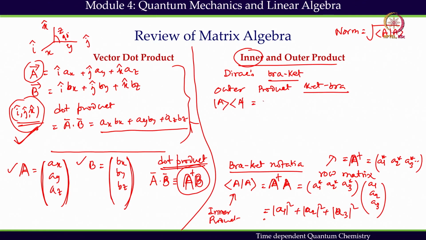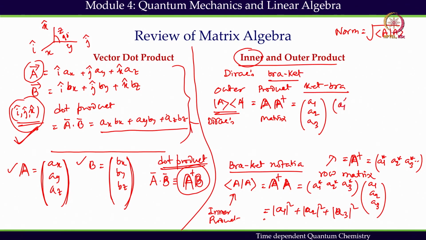This is the Dirac notation. And in the matrix form, I can represent it as A matrix multiplied by A dagger, which is A1, A2, A3, a column times a row matrix.